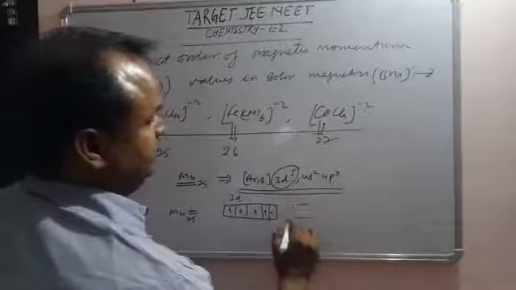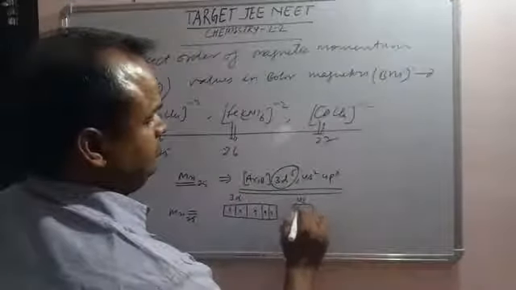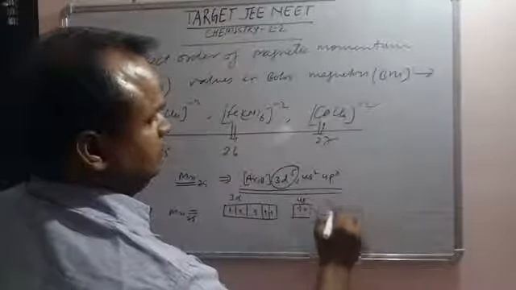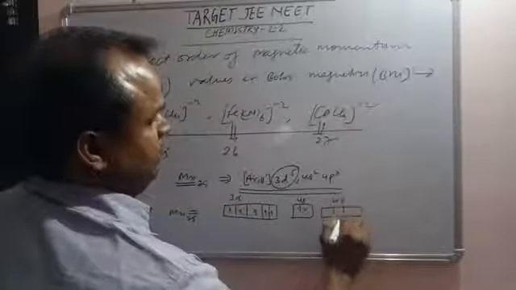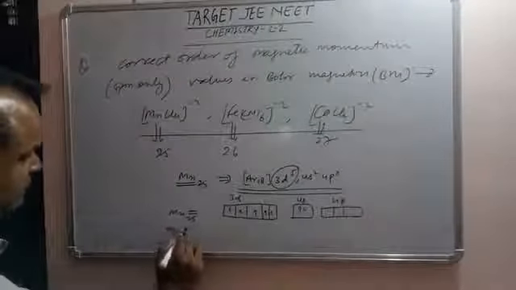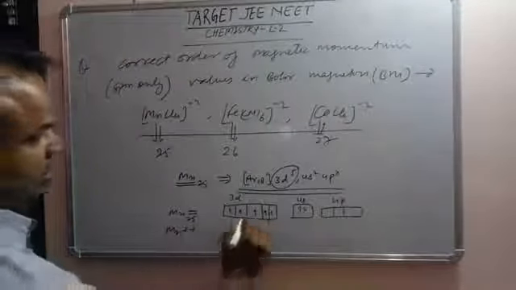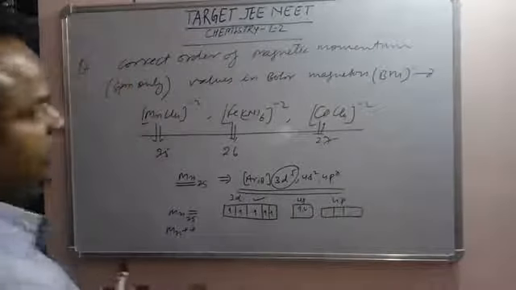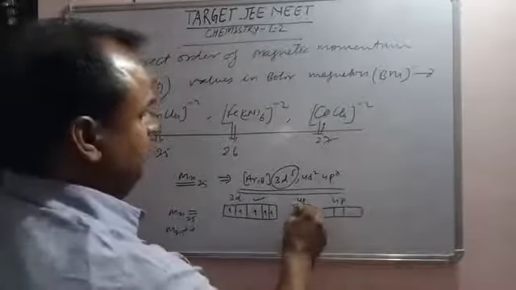Then 4s, 4p. For Mn plus plus, this remains the same, and from here electrons can be removed like this.